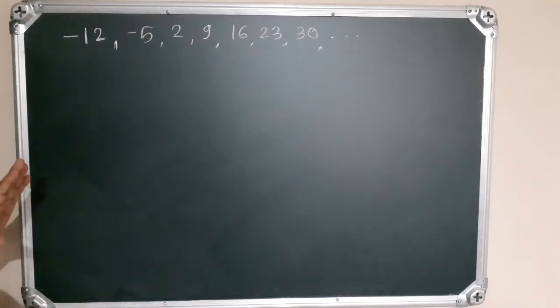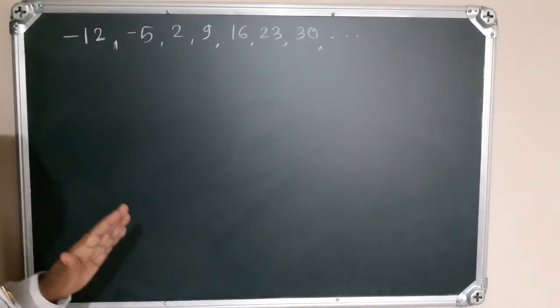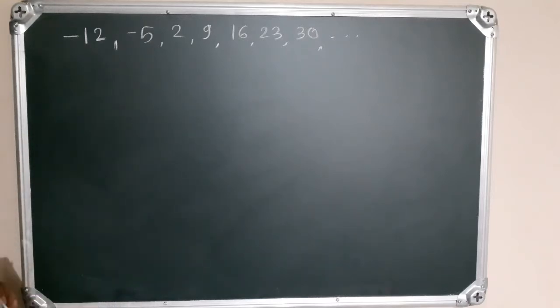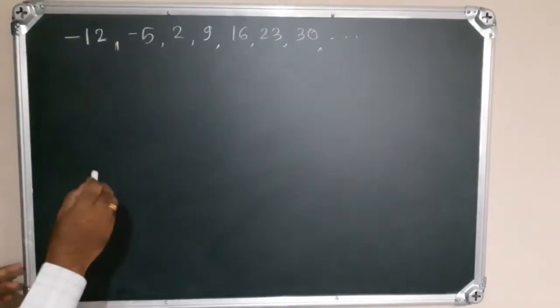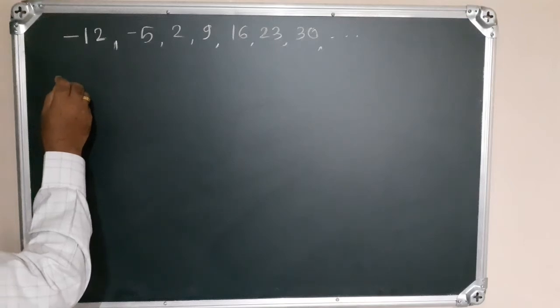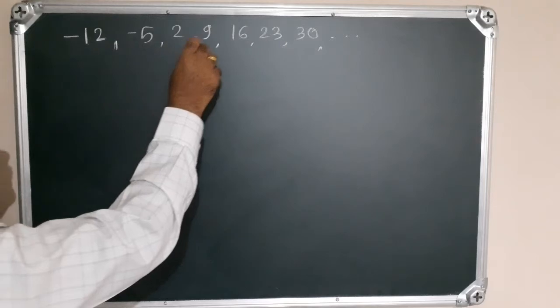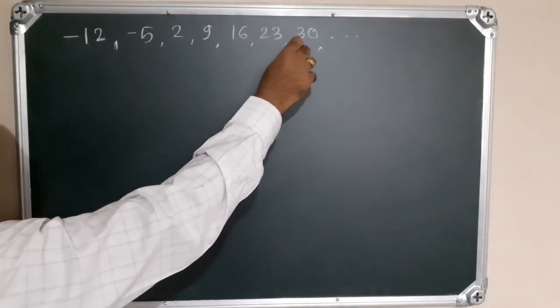If the difference between any two consecutive terms is constant or the same, then this sequence is an AP, otherwise not. So this is the first term of the sequence, this is the second term, third, fourth, fifth, sixth, seventh term.